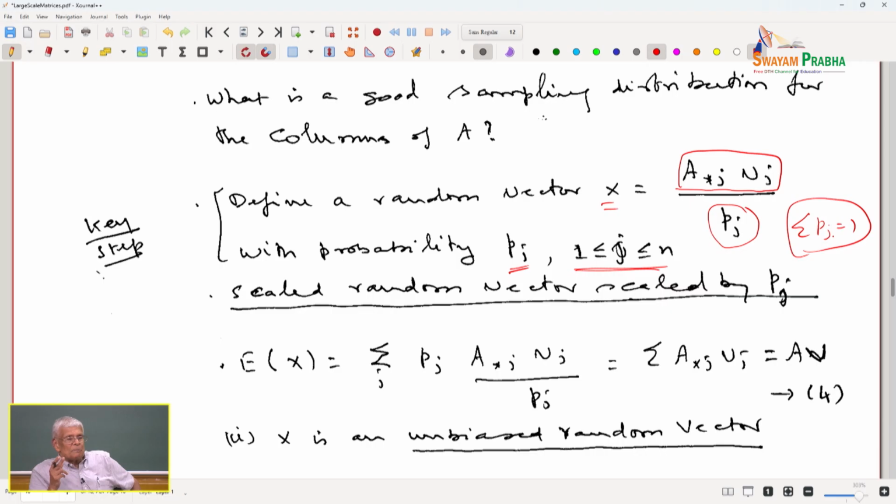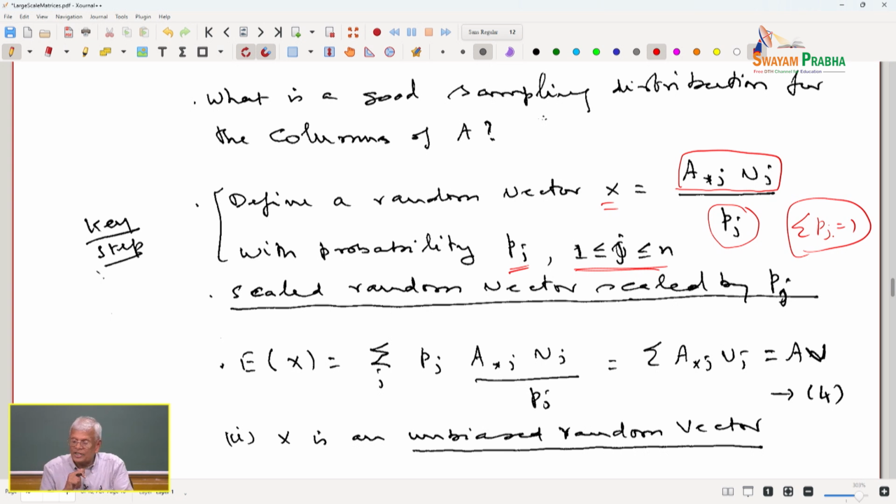In the previous example, x took the value a1, a2, I scaled it by p1, p2, by dividing a1 by p1, a2 by p2. Here x takes the value aj over pj, I am going to select the columns randomly with the probability pj. So if I picked a particular column times a scalar vj, I am going to choose that with the probability pj. I do not know what pj is, but pj is the number I am going to compute.